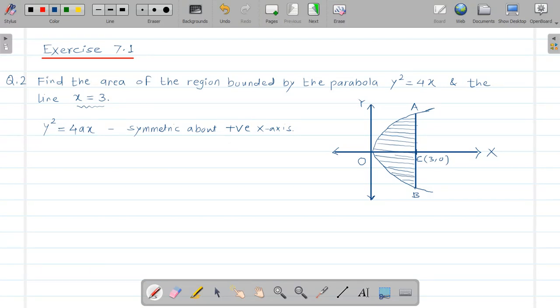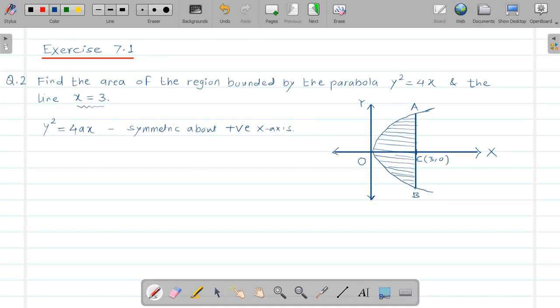So it is shown in this figure. And what we have to find out? We have to find out the area bounded by the parabola y square is equal to 4x and the line x is equal to 3 as shown in this figure. This is the area that we have to find out, area of the shaded region.